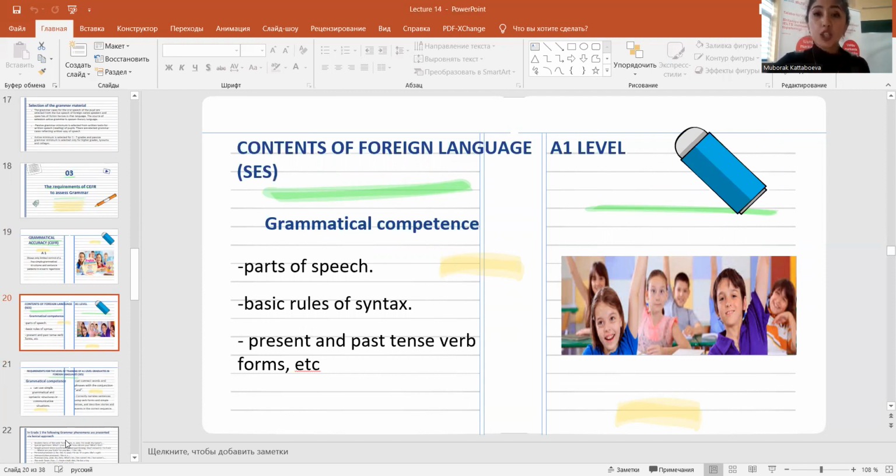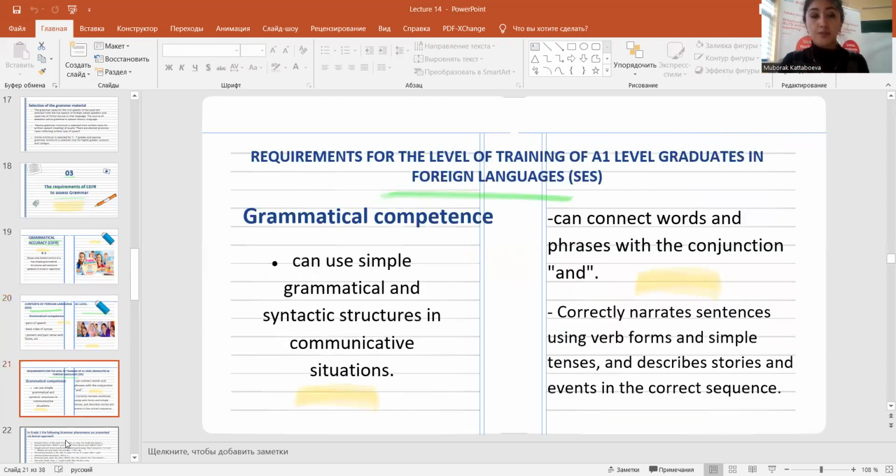Grammatical competence according to state standard for teaching languages focuses on three aspects. First of which is parts of speech. They are competent in using basic rules of syntax and present and past tense verb forms, etc. So we're talking about basic grammatical patterns here.